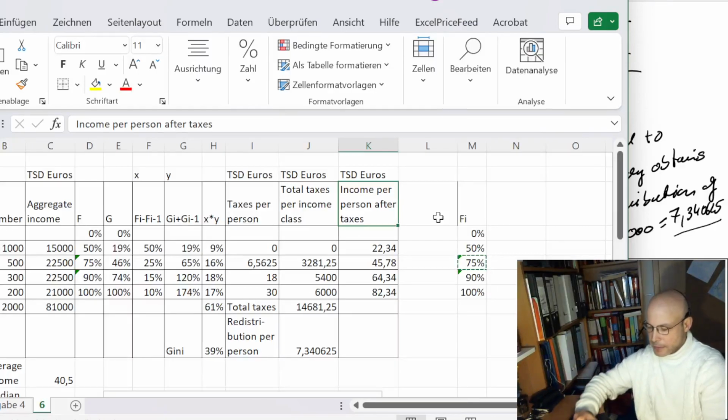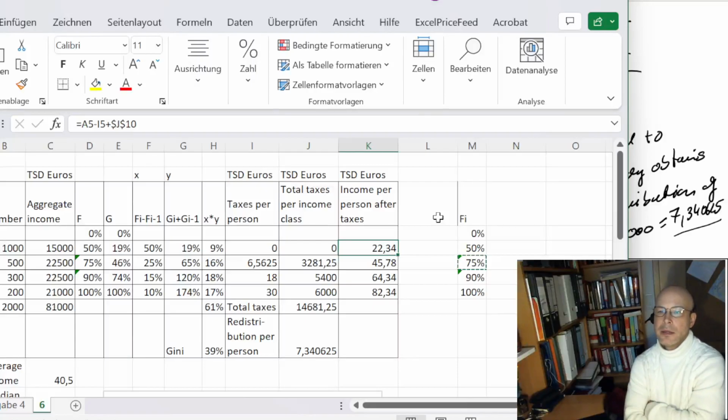So after taxes, one guy in the lowest class has now not an income of 15,000 but an income of roughly 22,000. So the first question we have to answer is, what is now the total income of the lowest class? What do I have then to calculate?